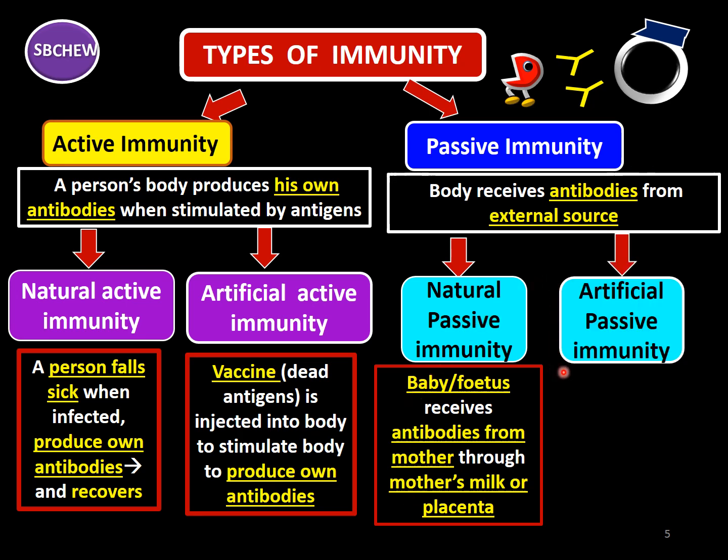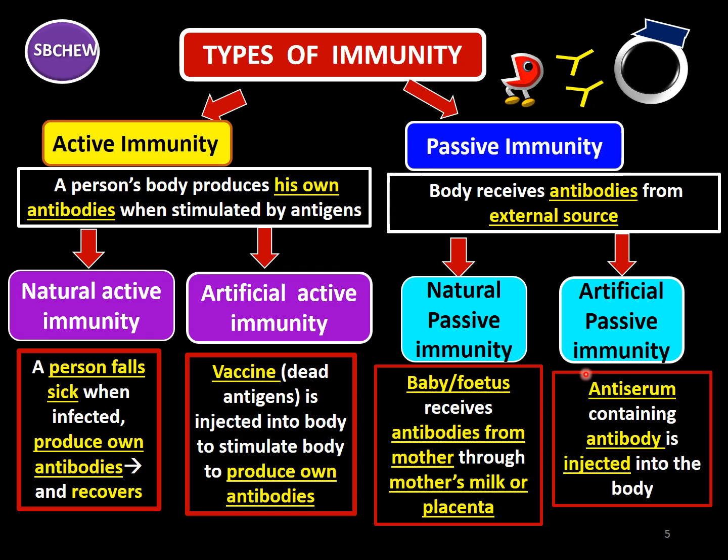In artificial passive immunity, again an injection is required. An anti-serum is injected into the body, and this anti-serum contains ready-made antibodies, which when injected into the body will help the person to acquire artificial passive immunity and will destroy the pathogens that have entered the body.